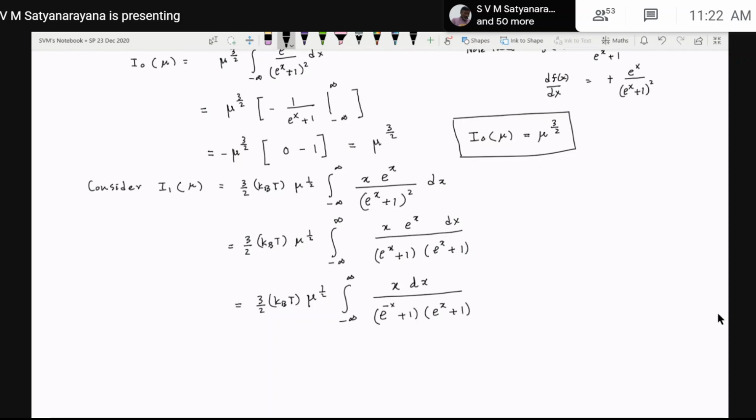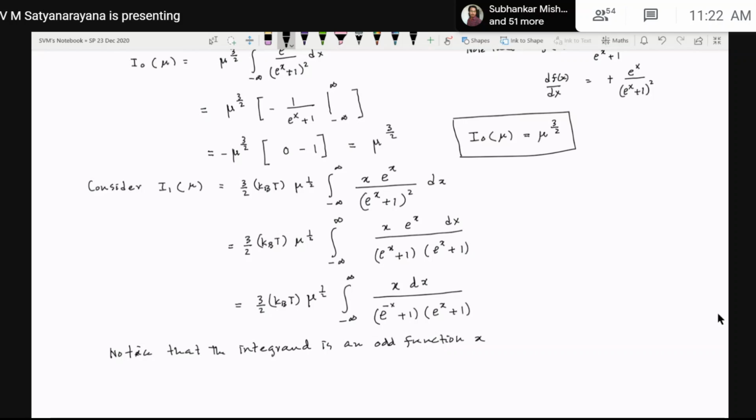Now notice that the integrand is an odd function of x.